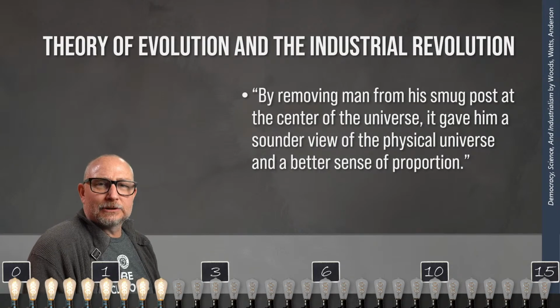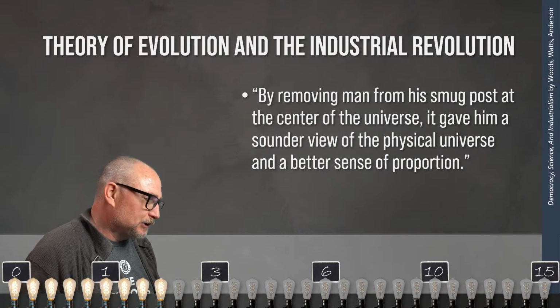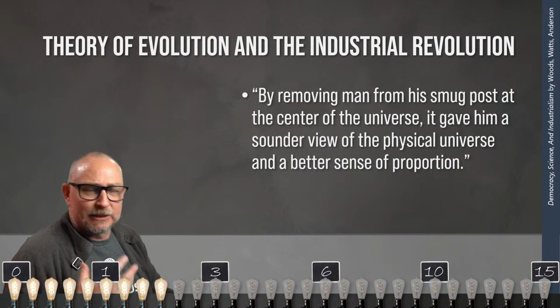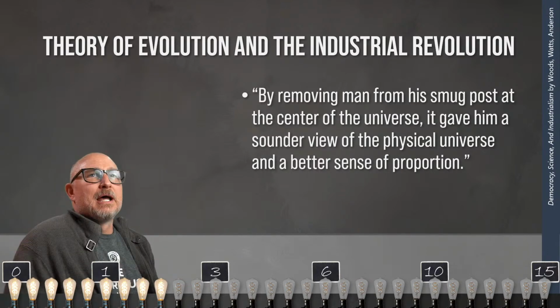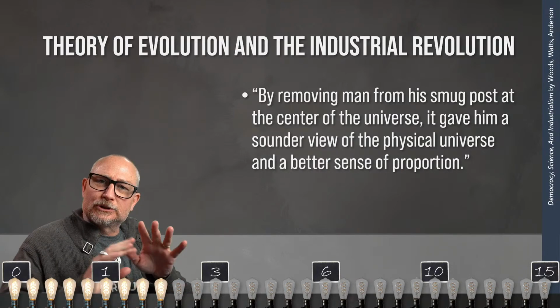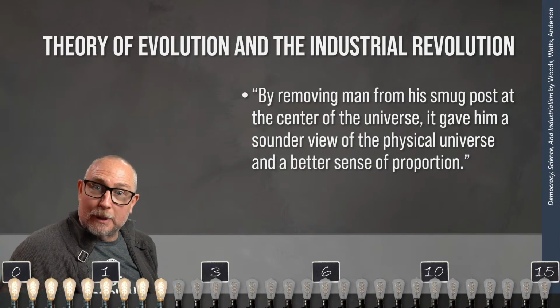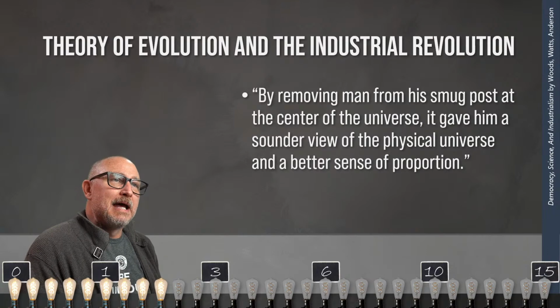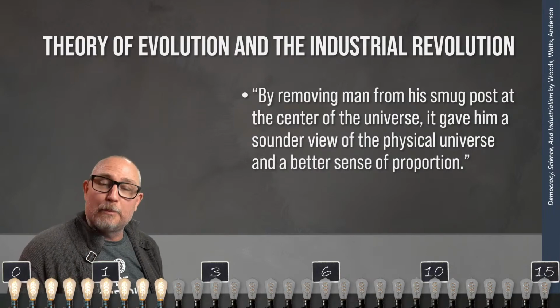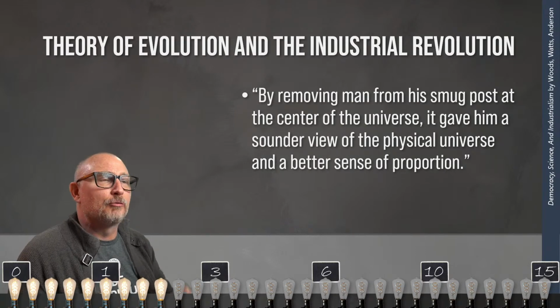So the Industrial Revolution also created this circumstance in which people started to reject the old world thinking brought on by religion and so forth. And the theory of evolution came about, Darwin and so forth.